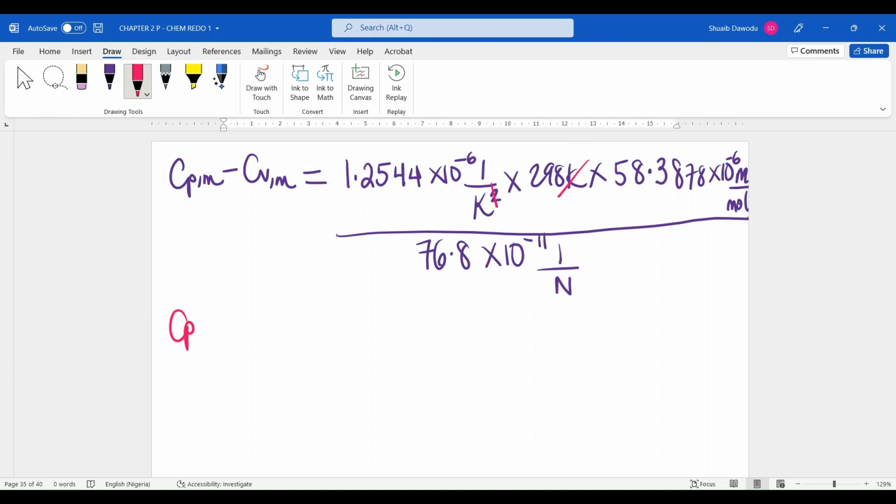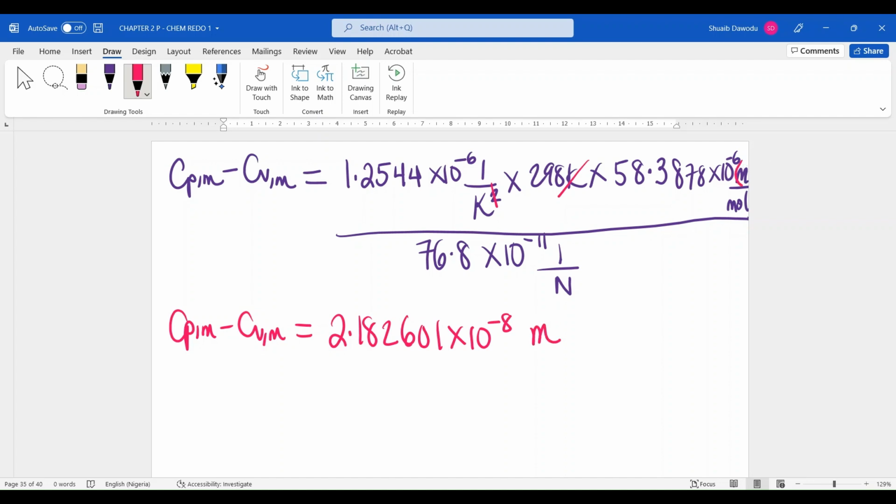So CP,m minus CV,m will just give you 1.2544 times 10 to the power of negative 6 times 298 times 58.3878 times 10 to the power of negative 6. So when you multiply everything in the numerator, you end up getting 2.182601 times 10 to the power of negative 8 meter.